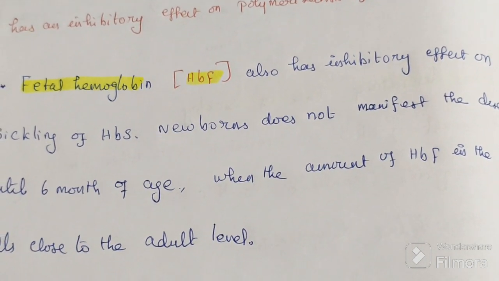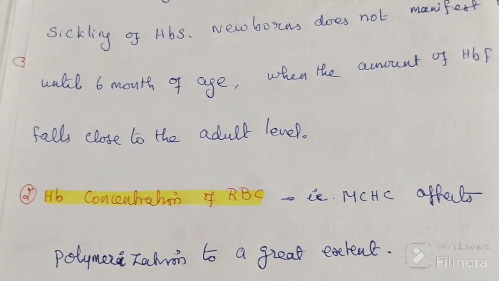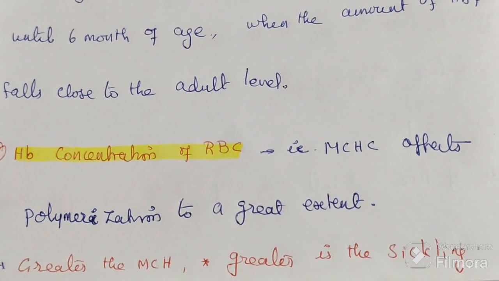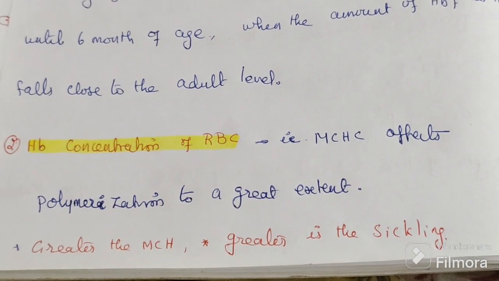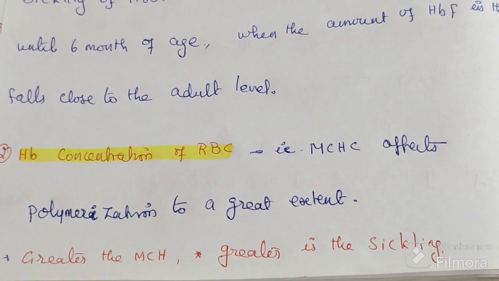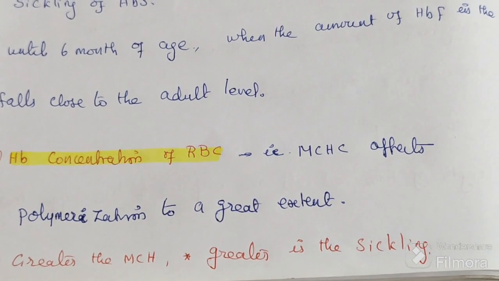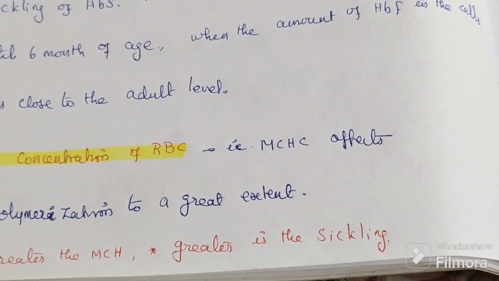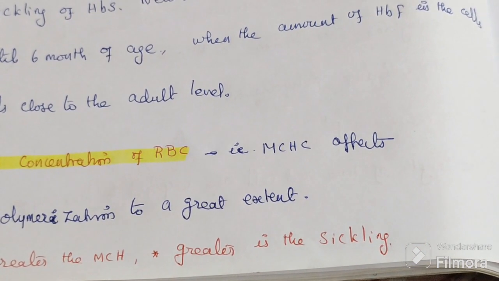The second factor determining sickling is the Hb concentration of the RBC, that is MCHC, mean corpuscular hemoglobin concentration. It is directly proportional to sickling.